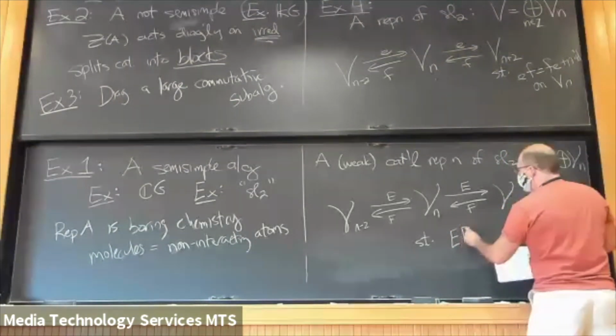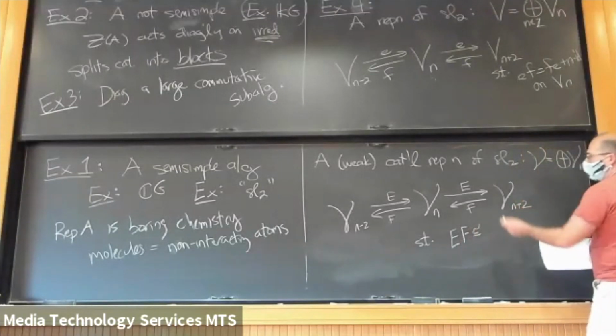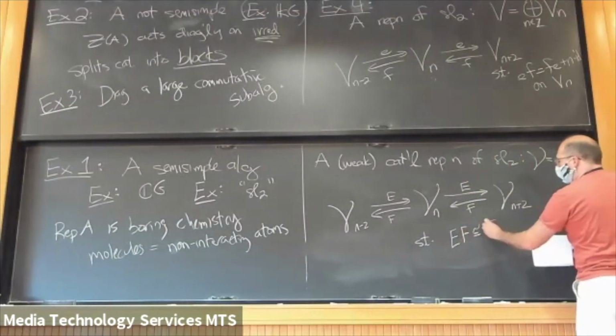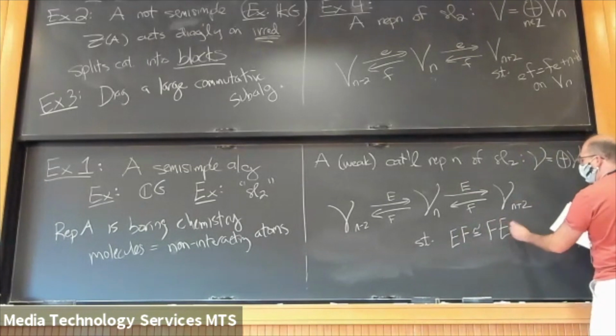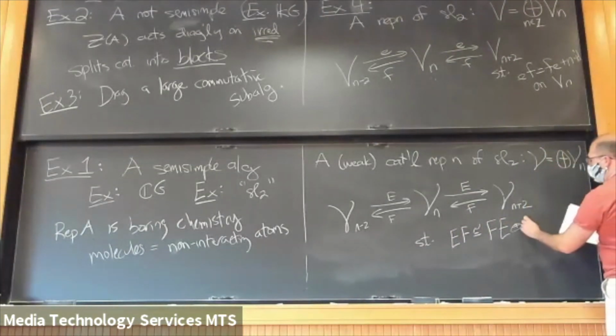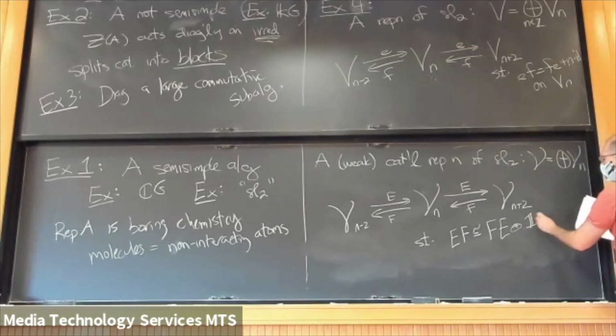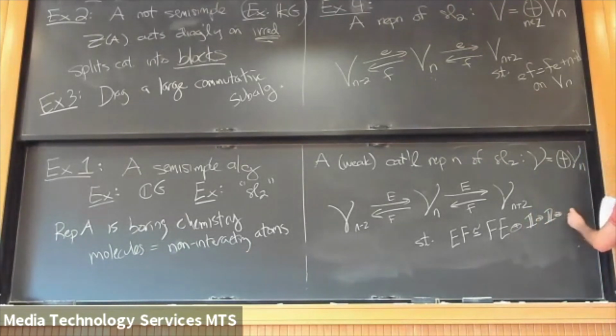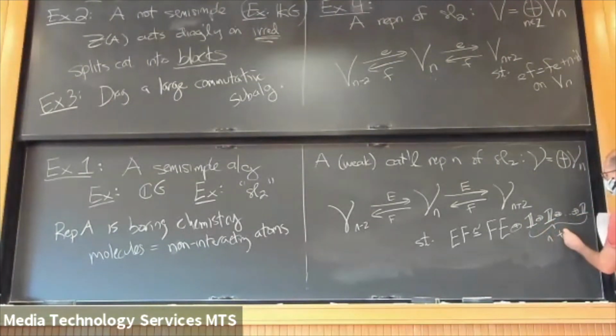So it makes sense for me to write that E composed with F is isomorphic to F composed with E, plus n copies of the identity functor, that is, the identity functor n times.